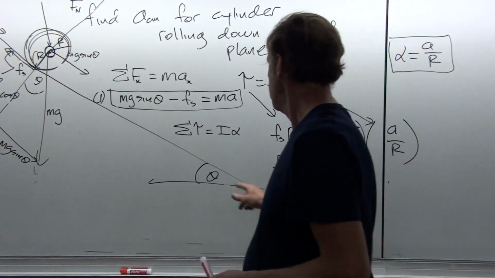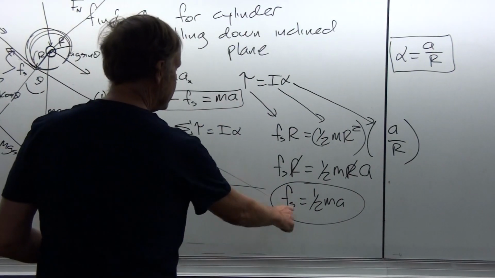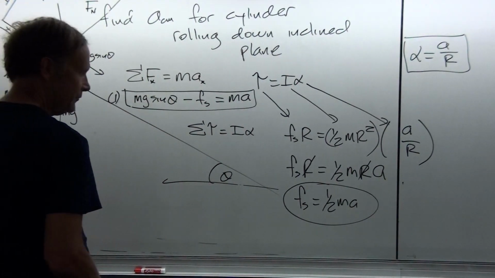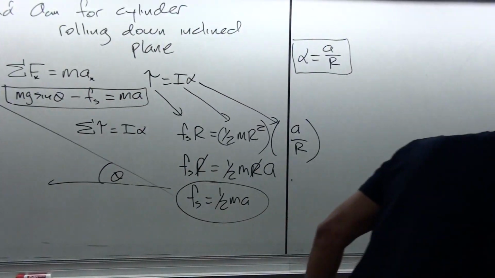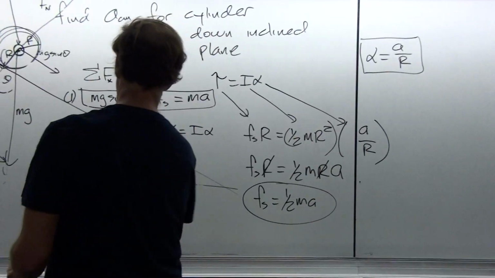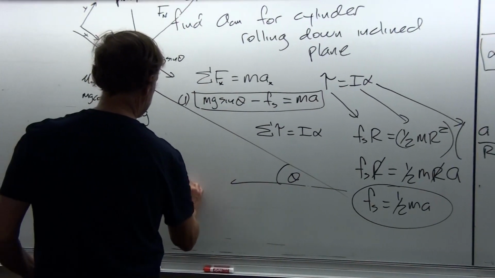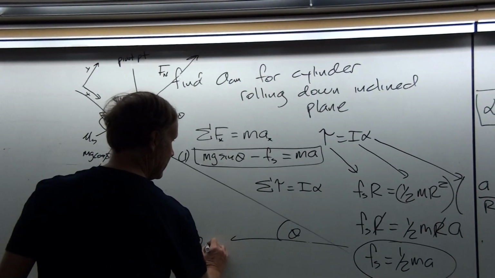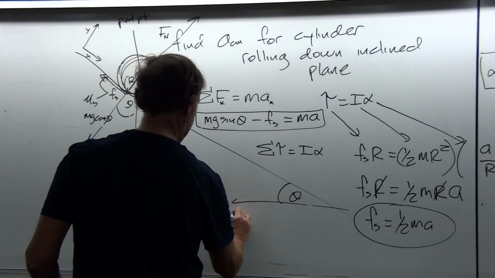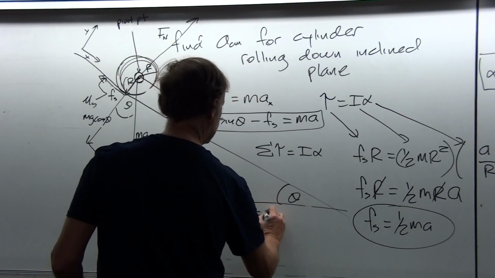Okay, so we'll plug in the static friction force into equation 1, and that gives us mg sine theta minus 1/2 ma equals ma.